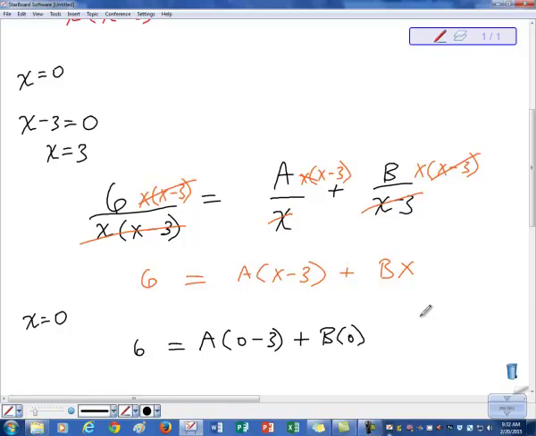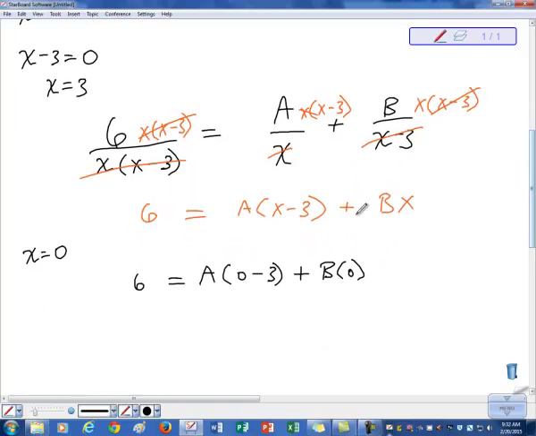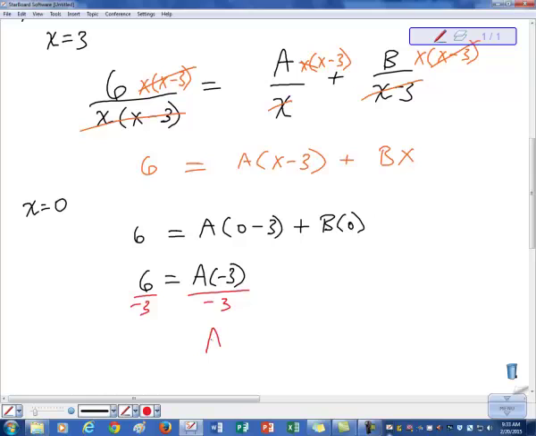Well, B times 0 just goes to 0. So that leaves us with 6 equals A times negative 3, or negative 3A. Now we want to isolate the A, so we divide both sides by negative 3, and we get A equals negative 2.